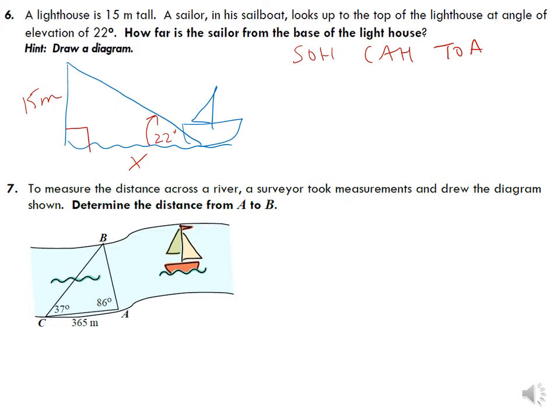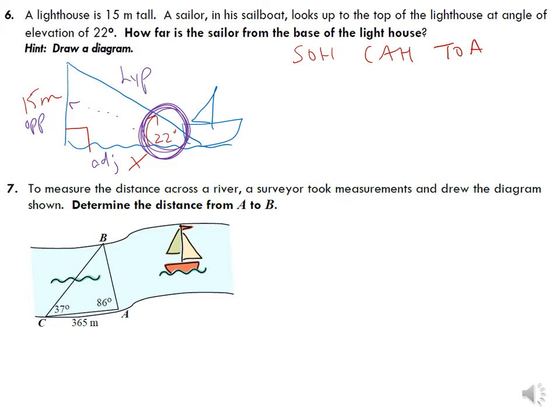Label your sides. So circle your reference angle, can't be 90. The other angle I gave you is 22. Across from the 90, hypotenuse. All the way across, opposite. Right beside is adjacent.